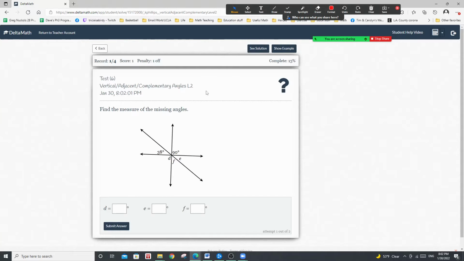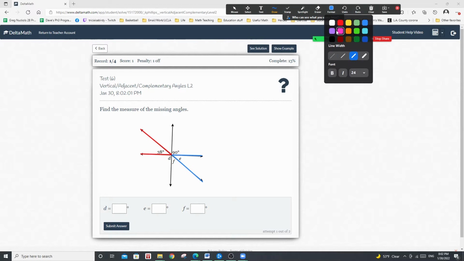Let's continue. All right, something like this is where it might get tricky to see, okay? So let's break it down slowly. First, let's look for the vertical angles. If I use this one and this one, you can see this line extends here. This line extends here.